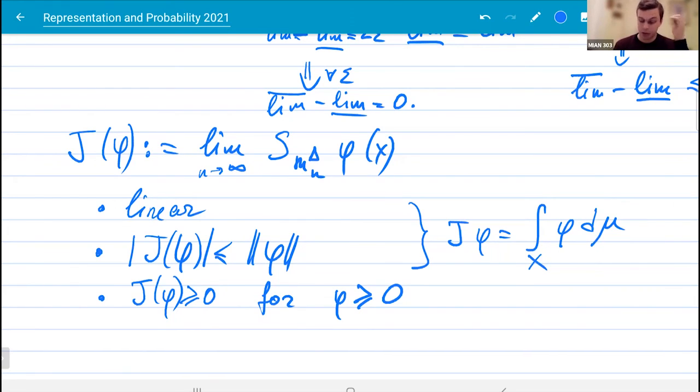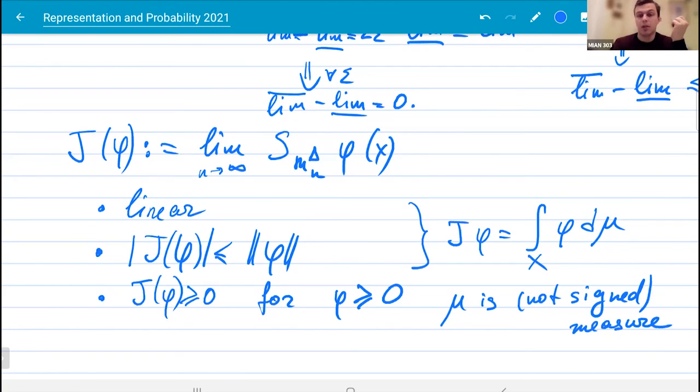This means that mu is not a signed measure, it is just a regular measure that assigns to every set some non-negative number. So we have constructed this measure.